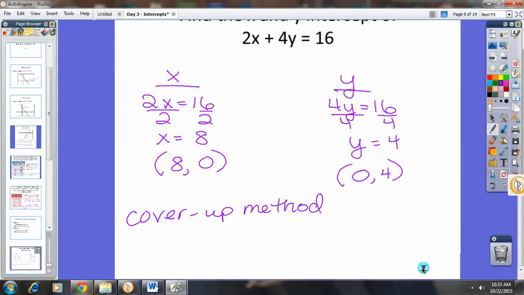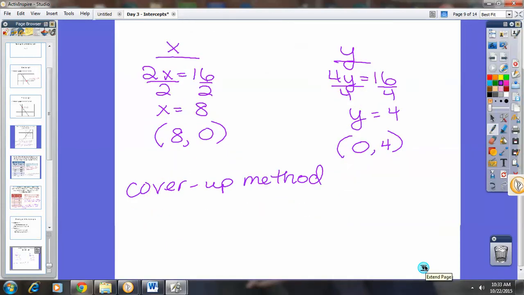I want to take this a step further and I want you to graph. That's where the ruler is going to come into play. So we need to draw an x-y axis. I don't need a whole lot of detail on your axes, but I do want you to label your values. I'm going to plot the point (8, 0), putting 8 tick marks on my x-axis.